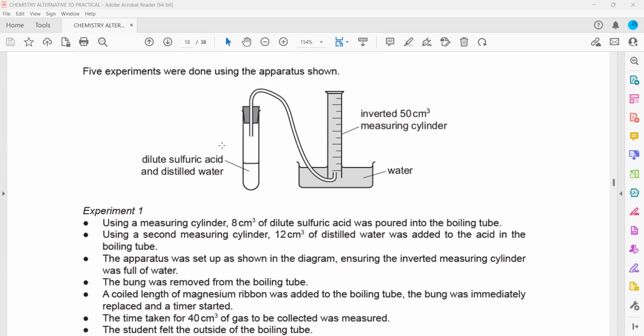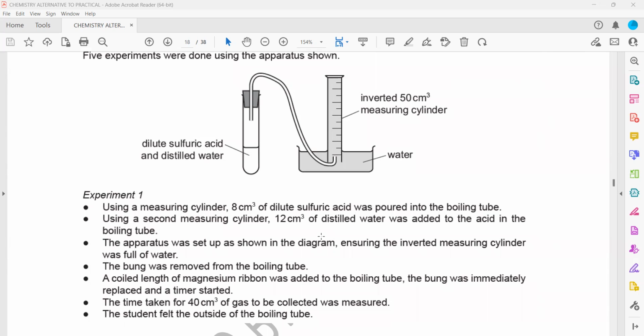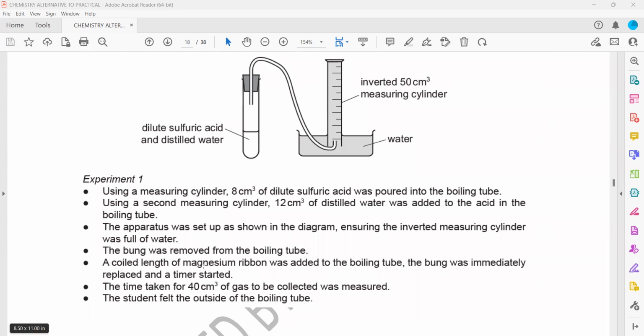Using a second measuring cylinder, 12 cm cube of distilled water was added to the acid in the boiling tube. The apparatus is set up as shown in the diagram, ensuring an inverted measuring cylinder of 50 cm cube was there. Then a bung was removed from the boiling tube, and a coil length of magnesium ribbon was added.